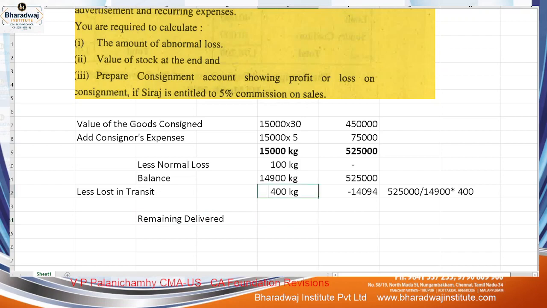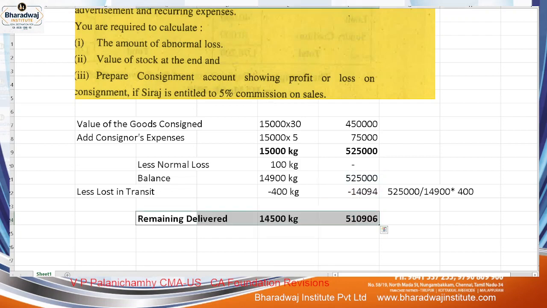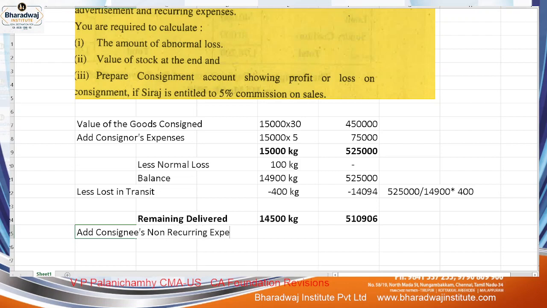Out of 14,900, 400 kg lost in transit, balance delivered. 14,500 kg delivered. That is the value. Add consignee's non-selling expenses or non-recurring expenses.